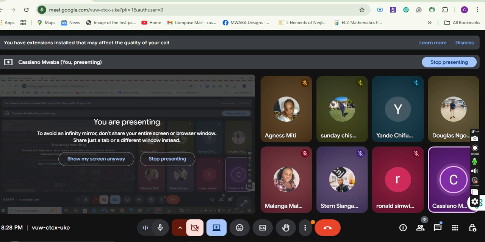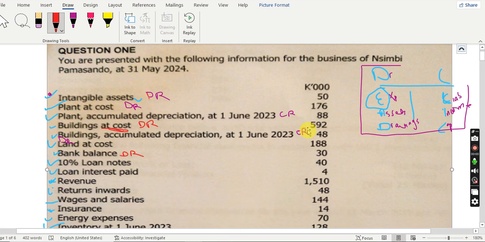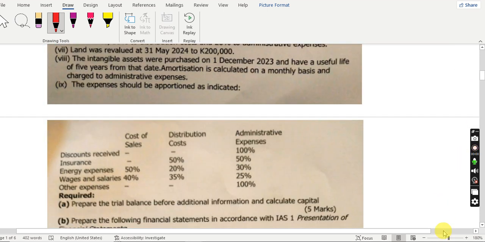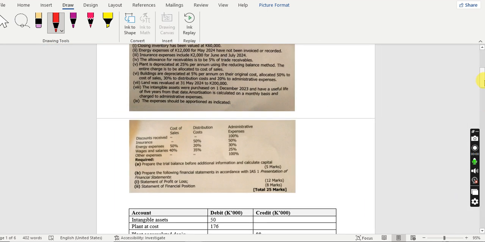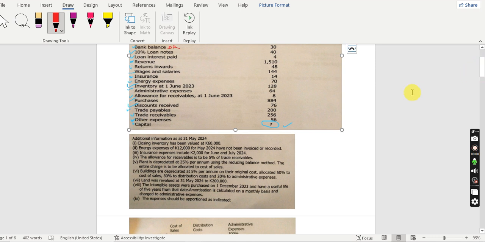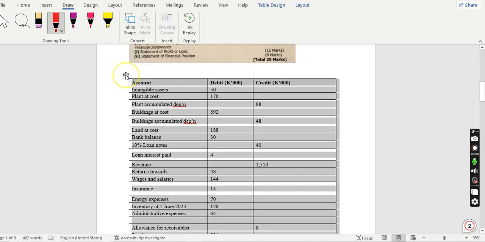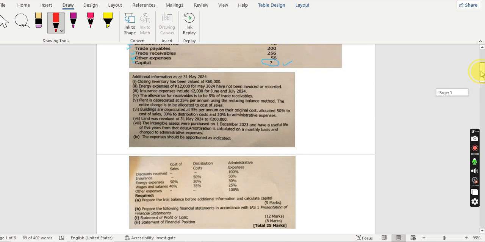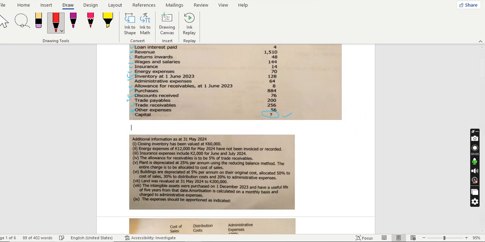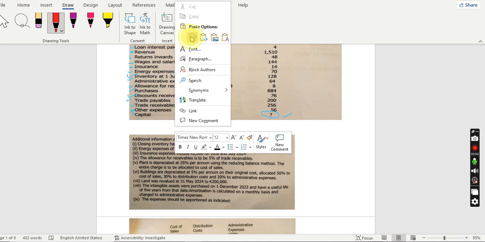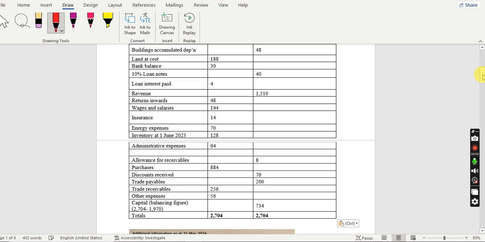Debit or credit side? Yes, 10% loan notes.